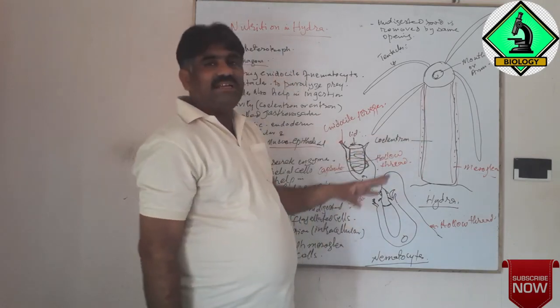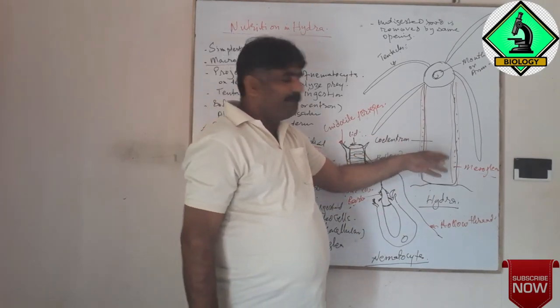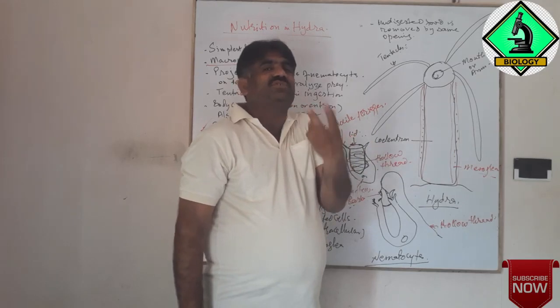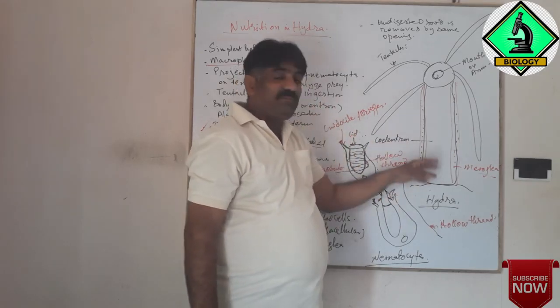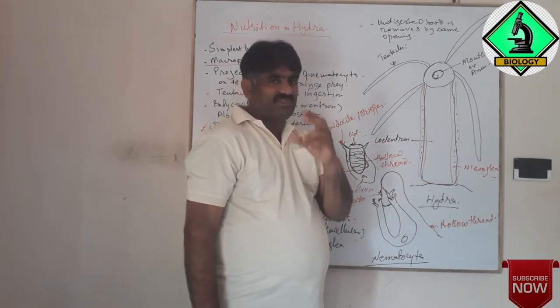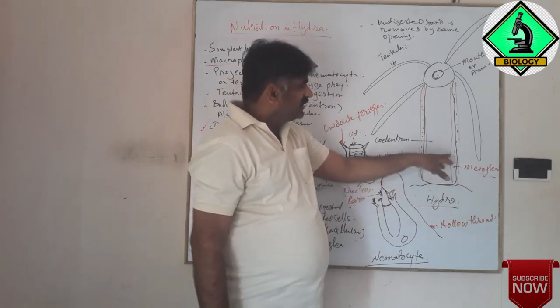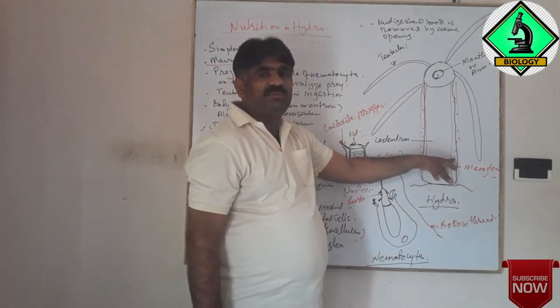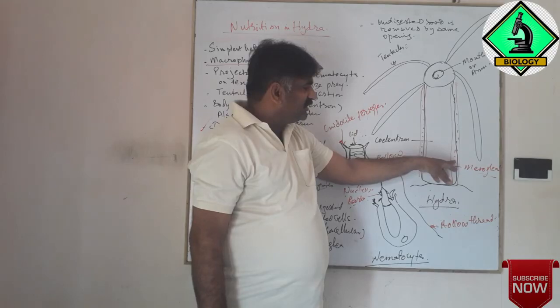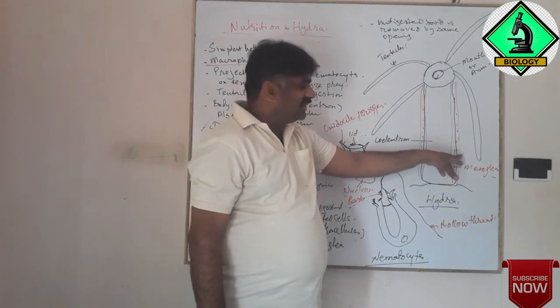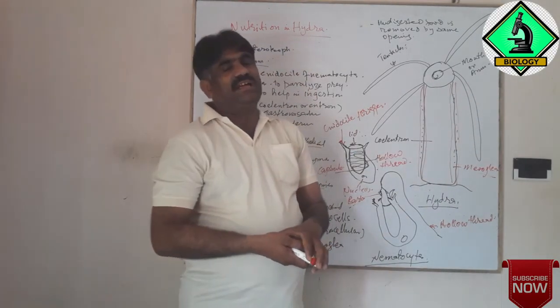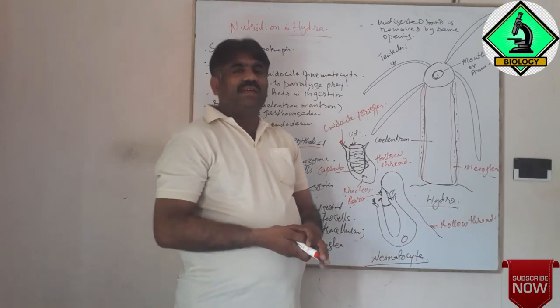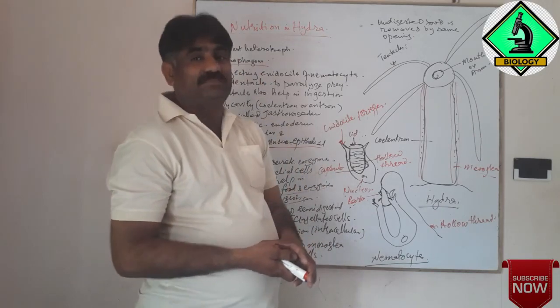Through the mesoglea, it simply diffuses out. There is no transport system; the simplest type of transport is simple diffusion. Through diffusion, these digested food particles pass from the endodermal cells to the ectodermal cells, where they are utilized, which we call assimilation.